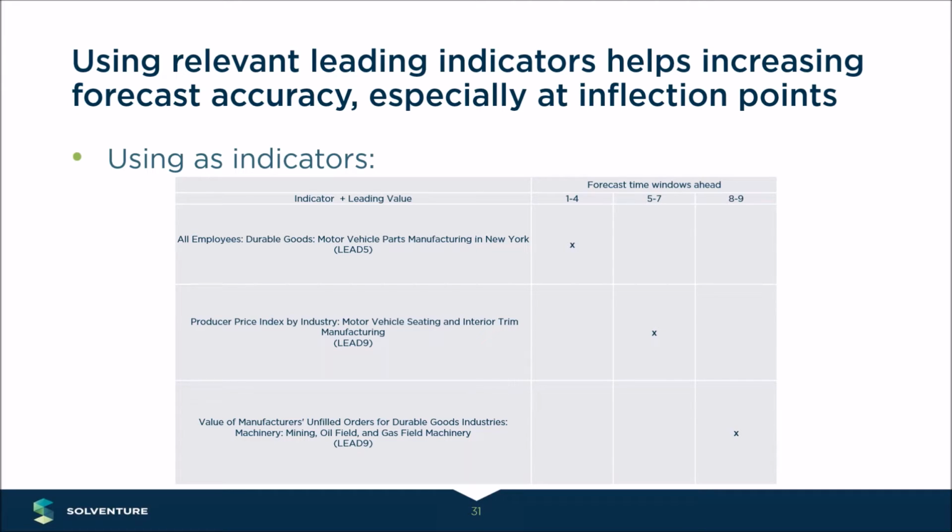Though we didn't instruct the software to find this, it was quite intuitive that it's probably logical that there is a different indicator on the short term, that there is a different type of information which is beneficial on the short term versus the midterm versus the long term. But again, it's not what we instructed the software to come up with. It's more a natural result of the statistical analysis.